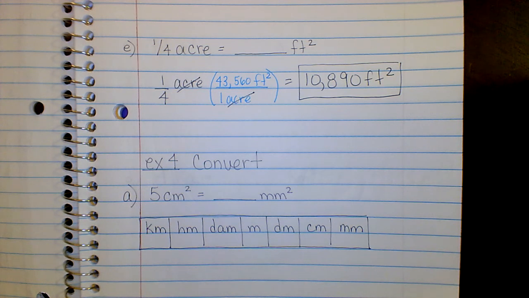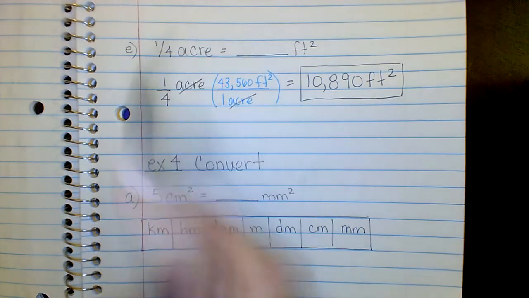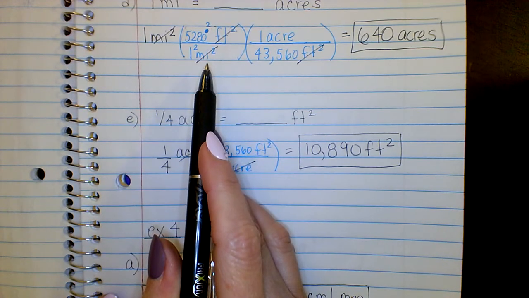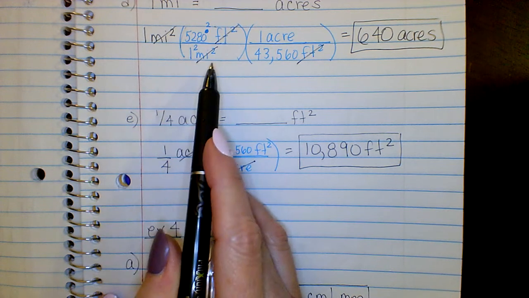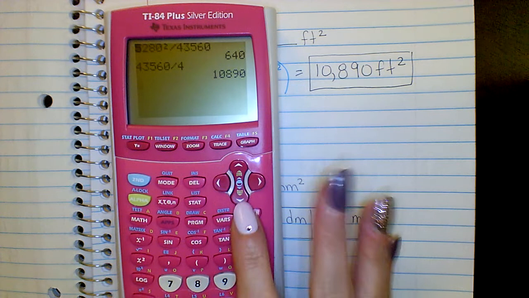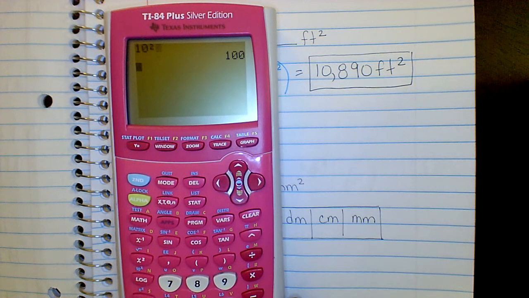This one is a little bit different because again, remember how we took these linear measures and we forced them into an area conversion by squaring everything? Well, what do you get when you square powers of 10? So if you did 10 squared, you get 100. 100 squared, you get 10,000. 1,000 squared, you get 1,000,000.